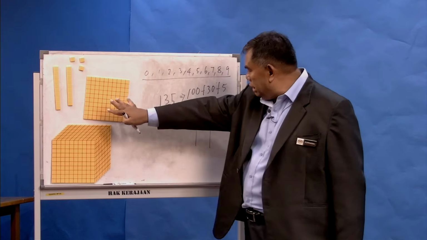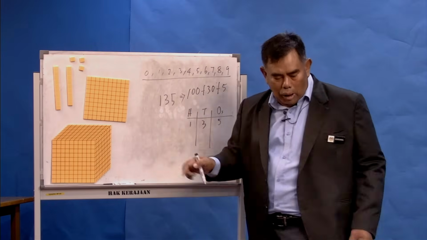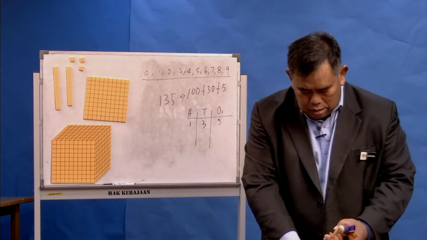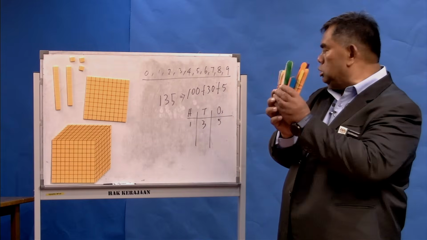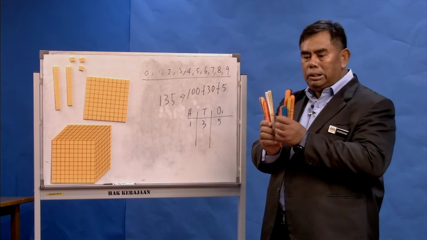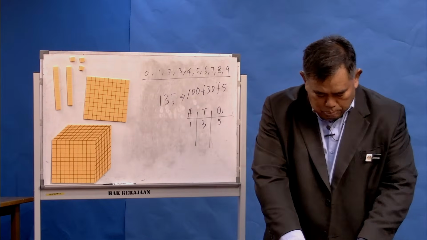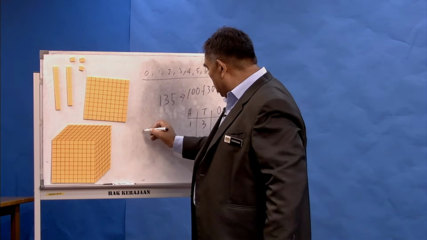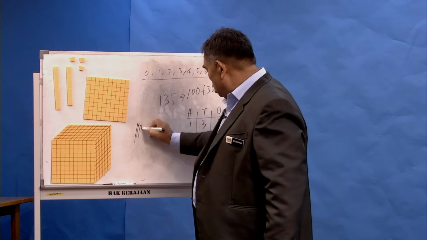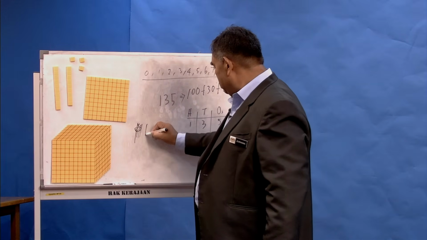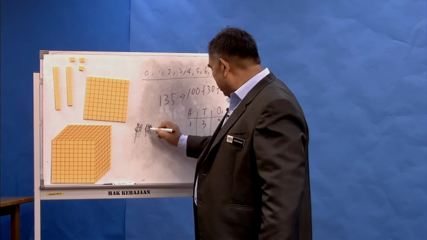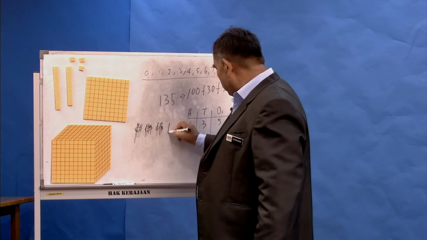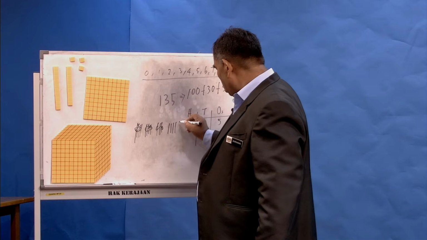From counting, we count one by one, we bundle as a 10, and from this, we introduce the place value. Maybe we count like this, bundle a 10, another bundle a 10, another bundle a 10, and we have 1, 2, 3, 4, 5.